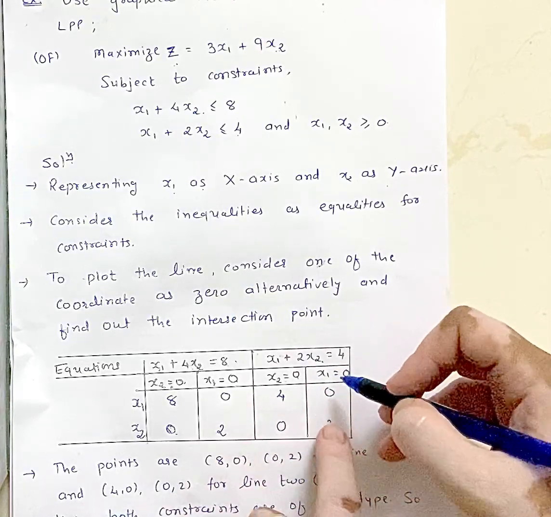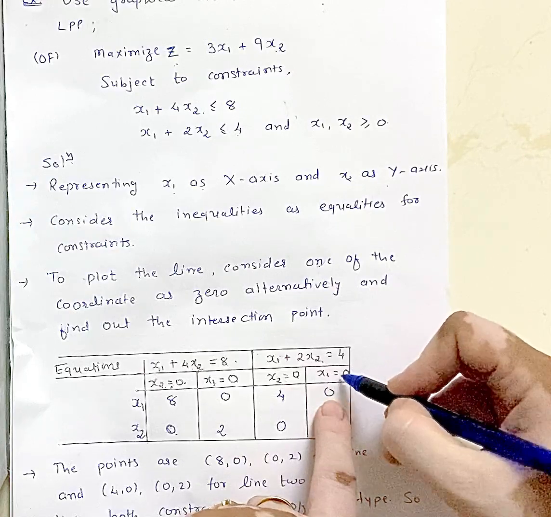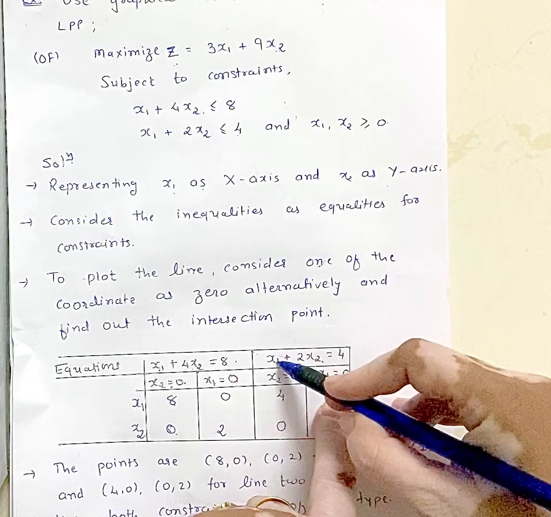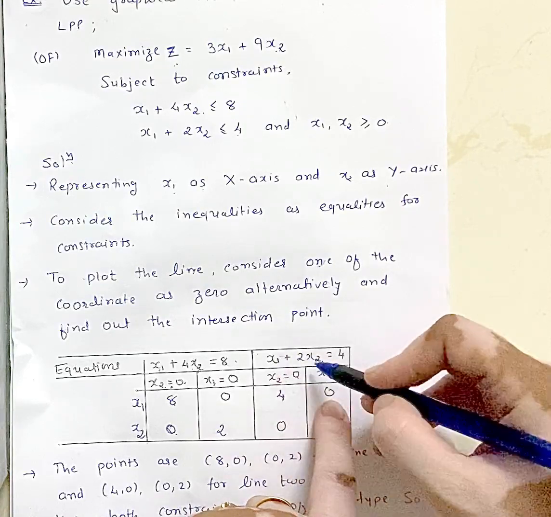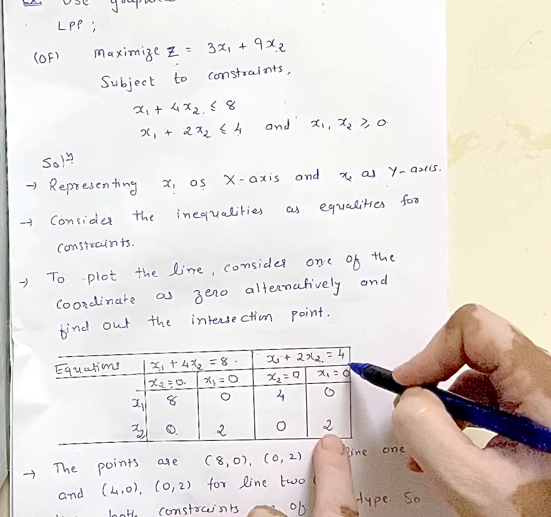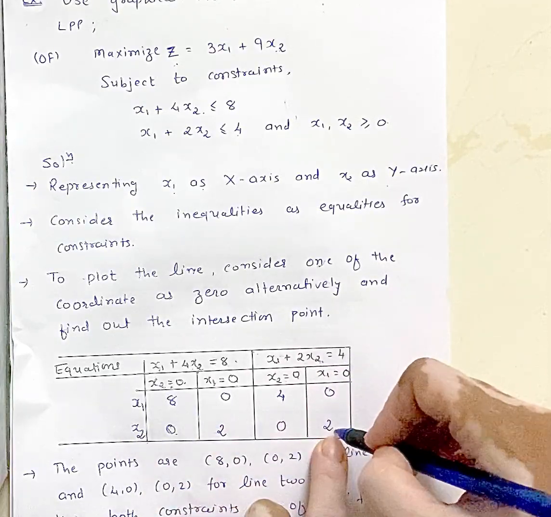Second, take x1 equal to 0: 2x2 is equal to 4, so x2 is equal to 4 by 2, which is 2.